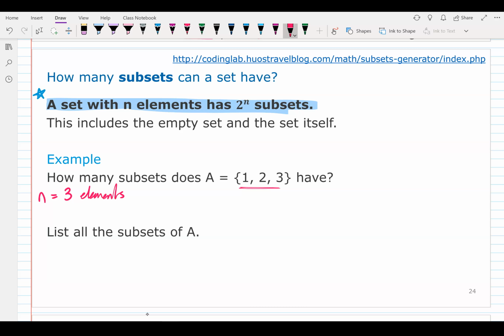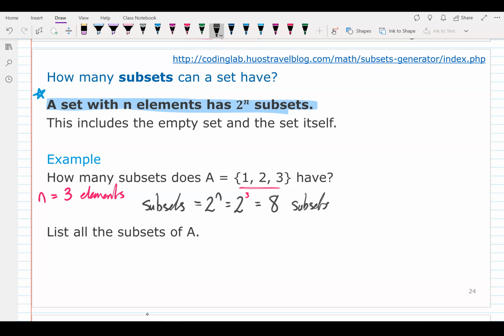It's the number of elements in the set as you see them: 1, 2, 3. It just happens to be the numbers 1, 2, 3, but it has 3 elements. How many subsets? You could say the number of subsets equals 2 to the power of n, which is also 2 to the power of 3. What is 2 to the power of 3? It's 2 times 2 times 2, or 8.